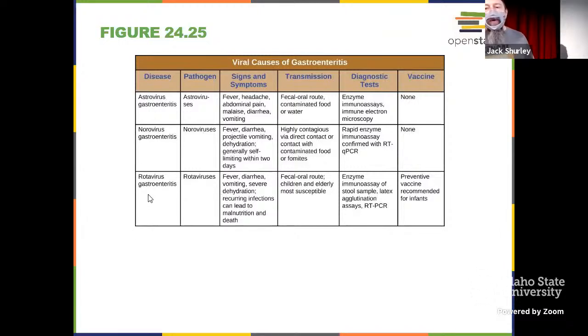We think rotavirus, pretty good one with little kids. If your immune system starts to become weakened, as we think aging process, you set the stage for having more issues with rotavirus as well, where you actually see some ill effects. The norovirus is kind of a free-for-all.